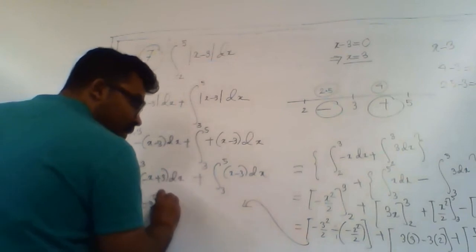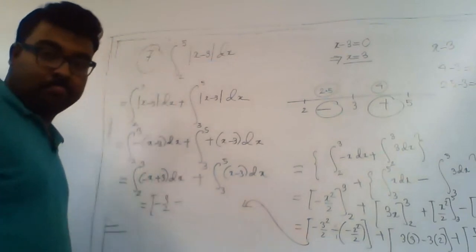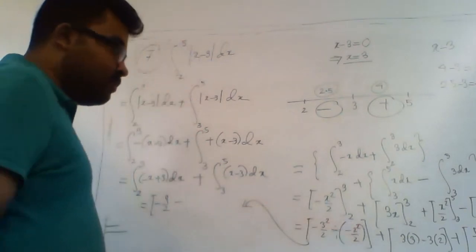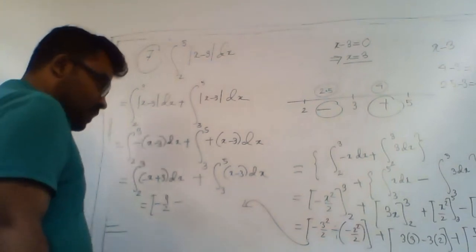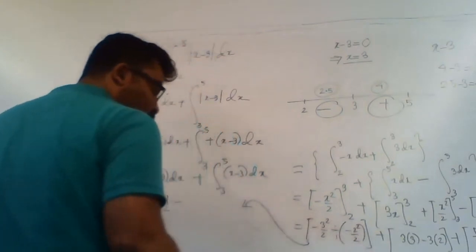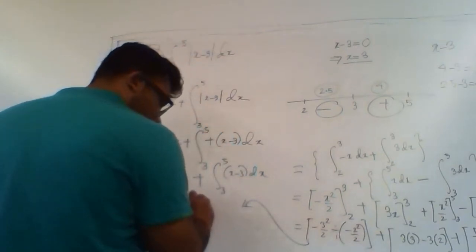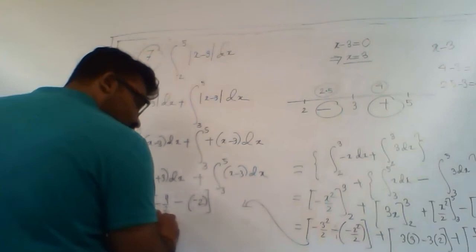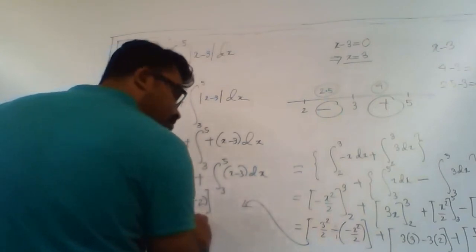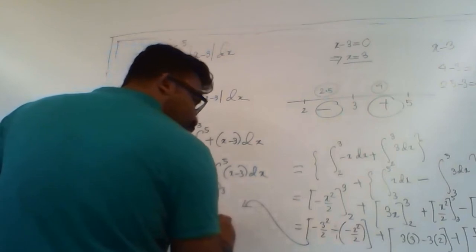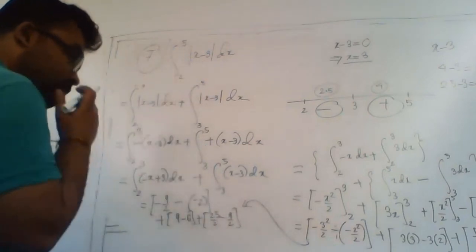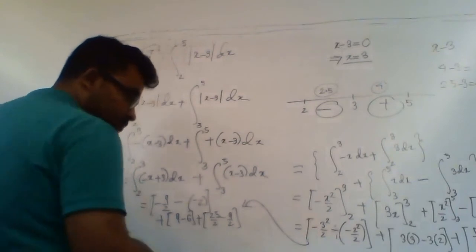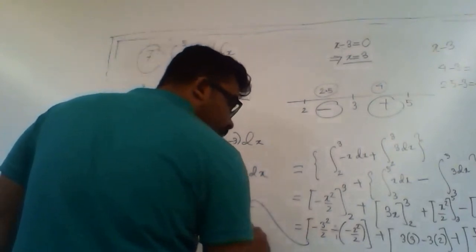You will get minus 9 over 2 minus, so here minus 2 squared by 2 you have, so you put minus 4 over 2, so this is minus 2, plus 9 minus 6, plus 25 by 2 minus 9 by 2, minus 15 minus 9.